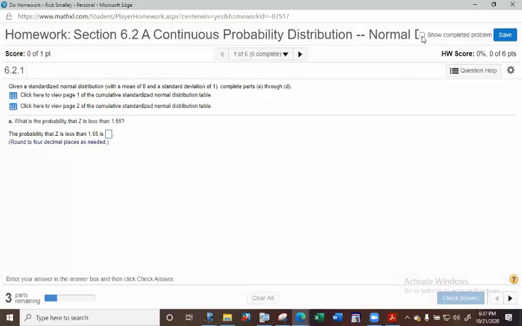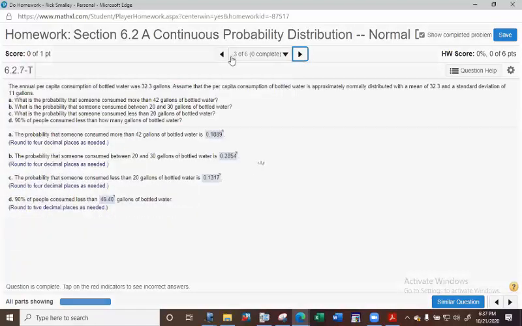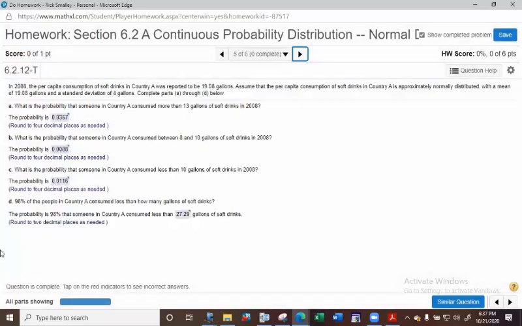Let me just show the completed. Okay, part D for that one's the same thing. I just want to address the percentile stuff. All right, 90% of the people consume less than how many gallons of water? That'll be a 90th percentile. You just treat that as inverse norm or the 90th percentile. We're about to do number 4, so I'll skip that one for right now. This one, 98% less than whatever.